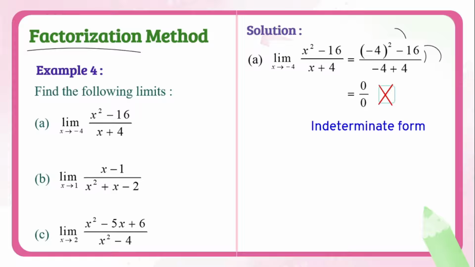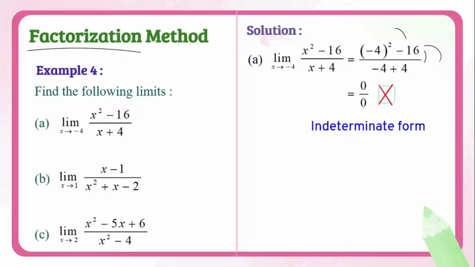But what is 0 over 0? Is it 1? No, because 0 over 2 is 0. So, 0 over 0, is it 0? No. That's why we call 0 over 0 an indeterminate form.